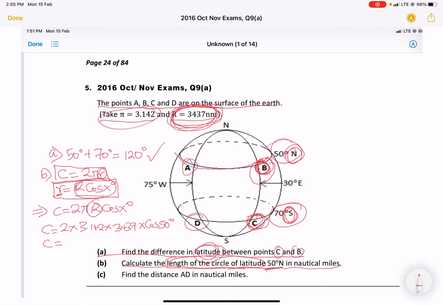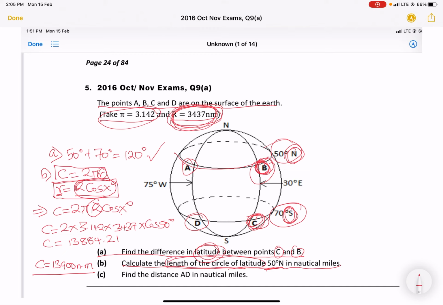You multiply these, and they give you 13,884.21, which we can round off to 13,900 nautical miles. So that is our circumference.